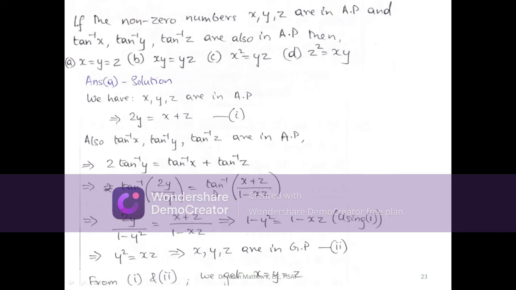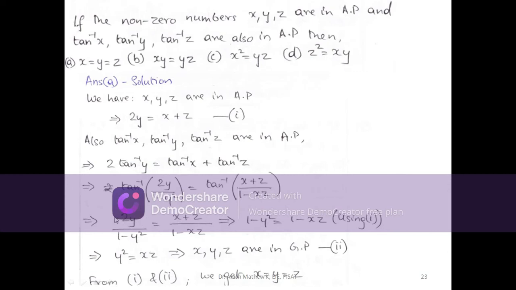Now when you take the tan inverse and equate these two terms, what you get is 2y by 1 minus y square equal to x plus z by 1 minus xz. How have we got this? We know that x, y, z are in arithmetic progression, so 2y equal to x plus z. So instead of 2y, you can substitute x plus z.